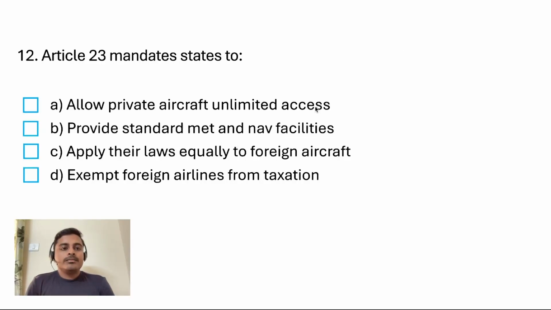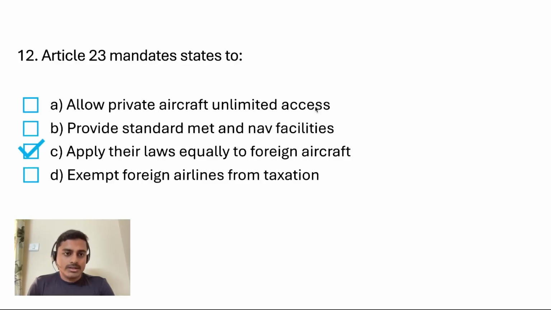Article 23 mandates states to, option A, allow private aircraft unlimited access, provide standard MET and NAV facilities, apply their laws to foreign aircraft, exempt foreign airlines from taxation. So Article 23 talks about applying the laws equally to foreign aircraft, right?